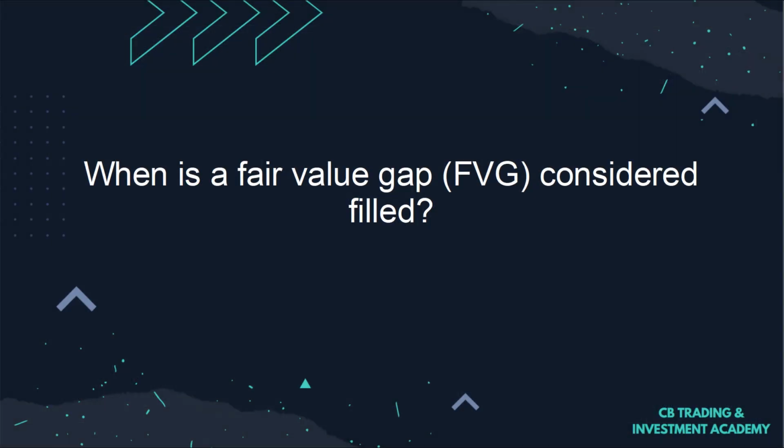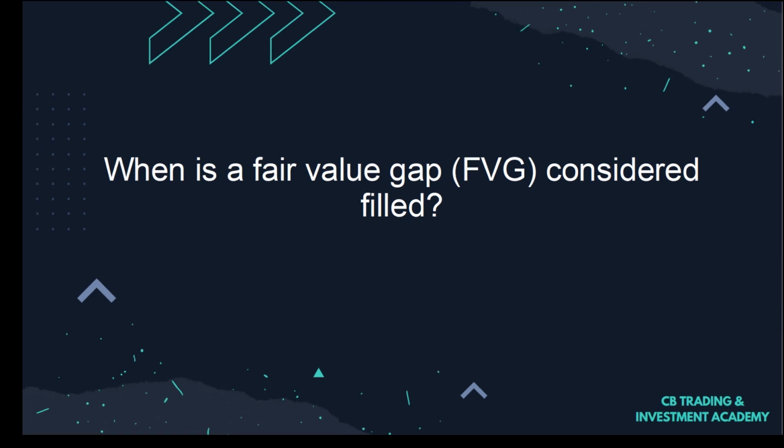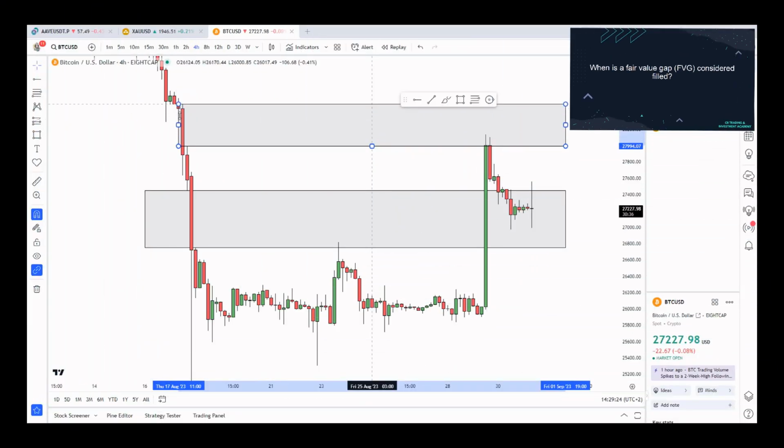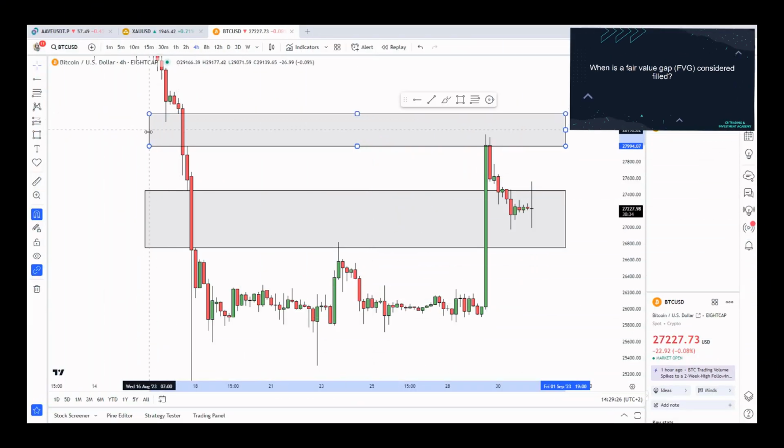Yeah, I think that's a nice topic to talk about, and it also has different opinions on when an FVG is invalidated. So this is the 4-hour Bitcoin chart, and as you can see on that dump we had a while ago, FVG formed.